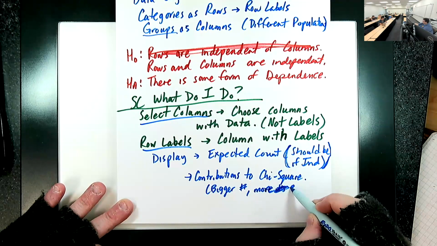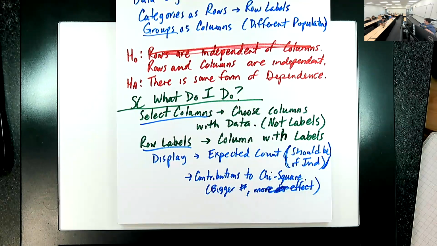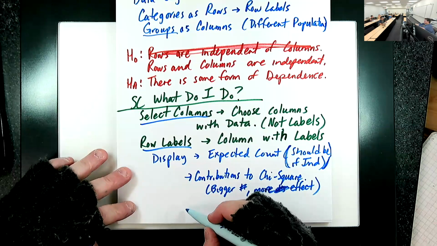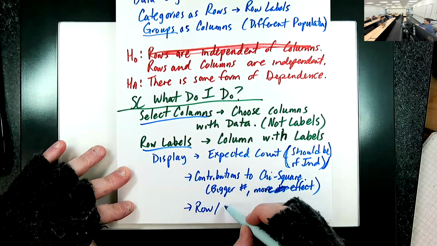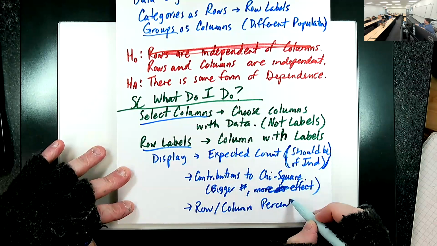More effect. And then you can also choose between row and column percent. This is easier just to point out to you what it is. It's kind of neat.